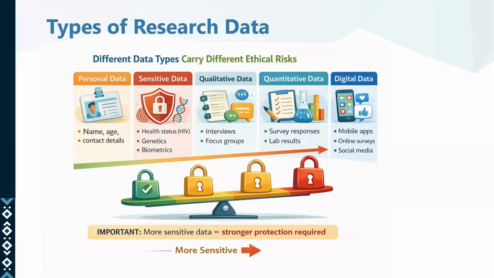These are data obtained after an interview or focus group discussion. The next one is quantitative data. That is a response from a survey or lab results. The next one is digital data. These are data obtained from mobile devices, mobile apps, online surveys, or social media. And it's also important to know that the more sensitive the data are, the stronger the protection required when handling them.